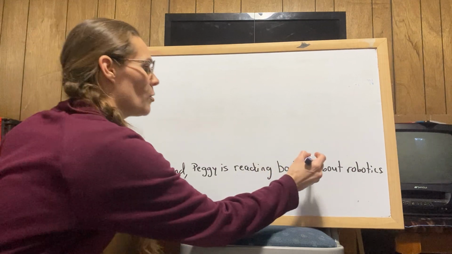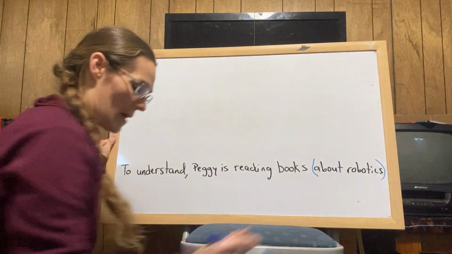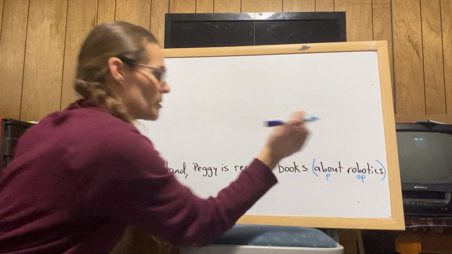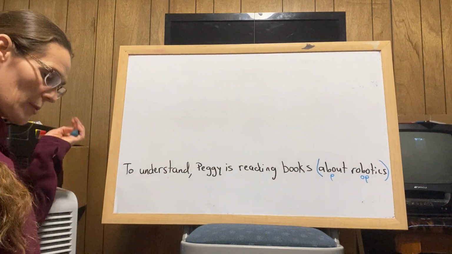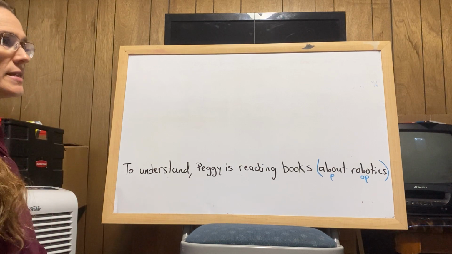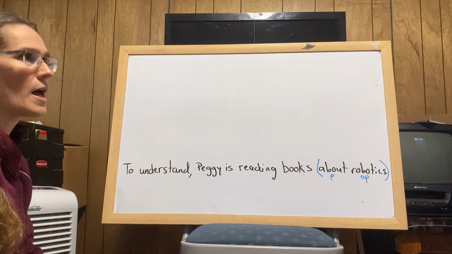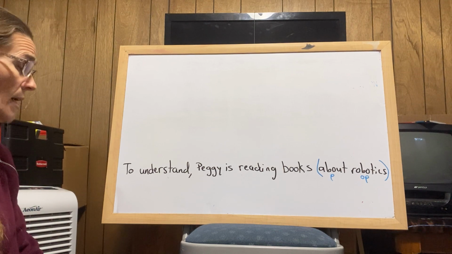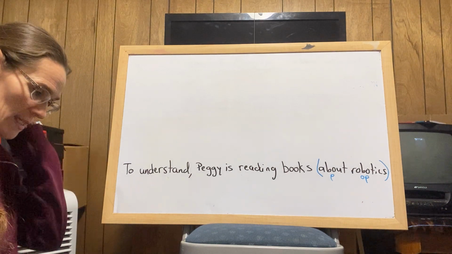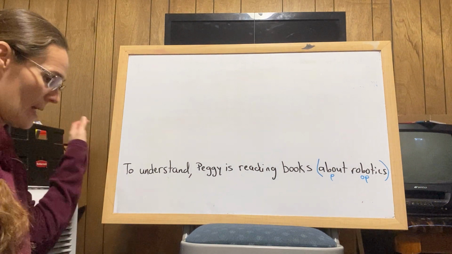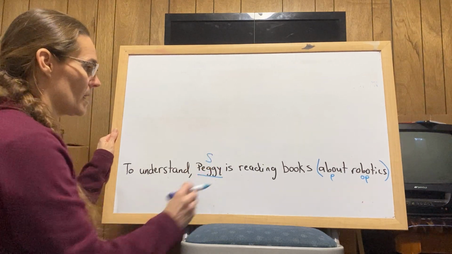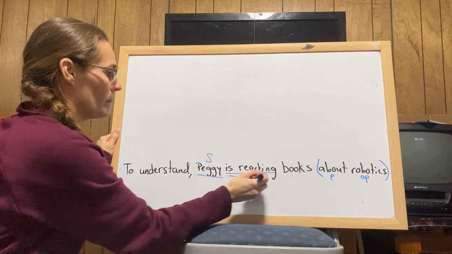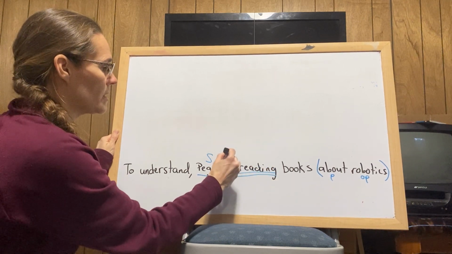Okay, you said about robotics. Yeah. About is our preposition. Robotics is the object of the preposition. All right, any adverbial clauses? When, while, where, as, since, if, although, unless, because, who, which. No. None of them. So this sentence is about Peggy. Peggy is reading. This time is is not a linking verb. It is a helping verb.